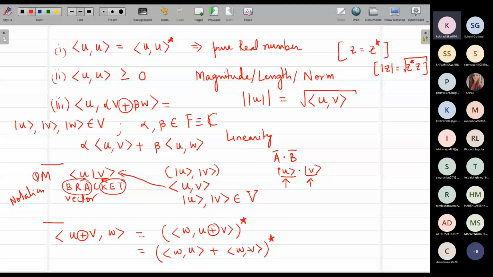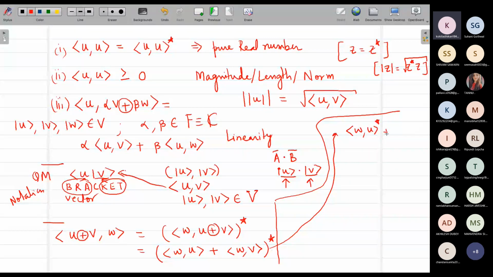So we have the addition of the complex numbers with this star. So what will be the result? Complex number, each conjugated. So let me just use it: w comma u star plus w comma v star. Right? Now just use the first property again. What will be the result? u comma w plus v comma w.